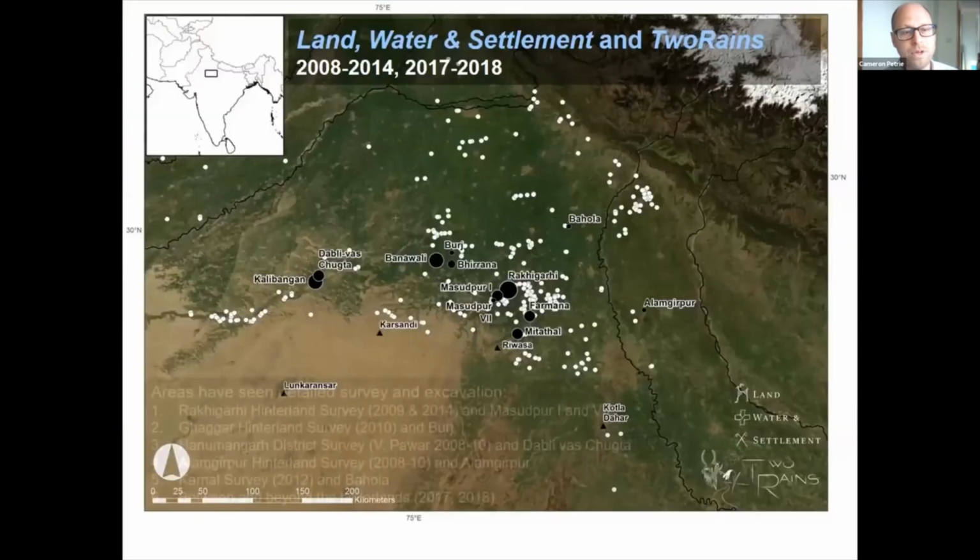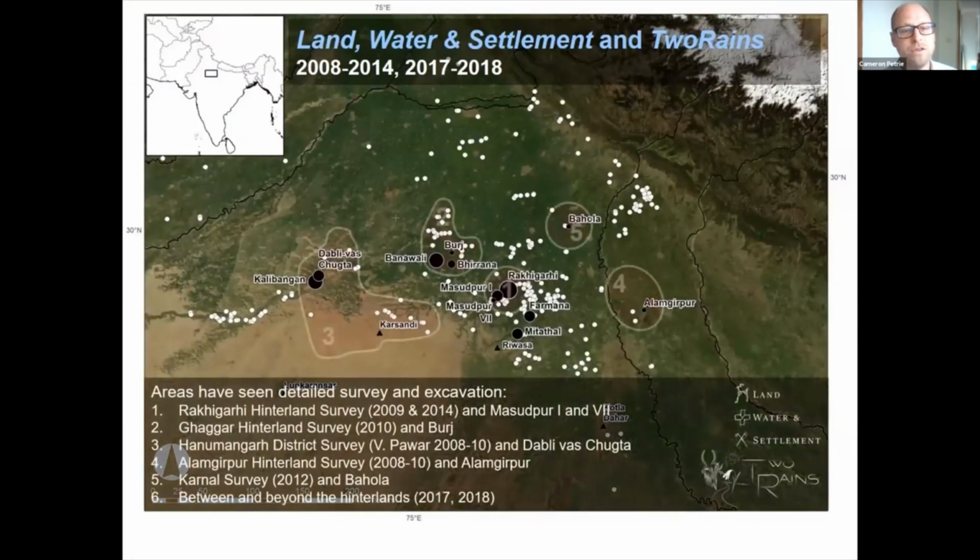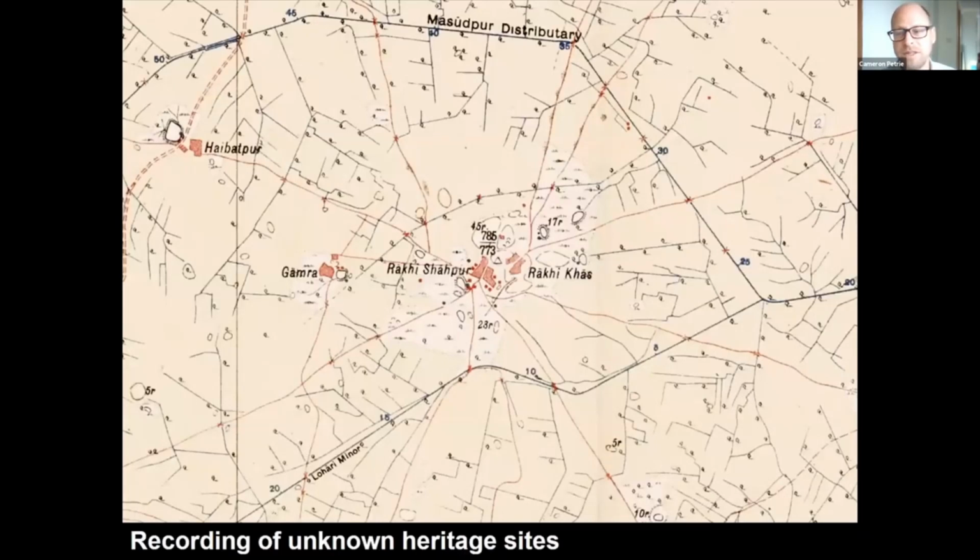So our work has been carried out over the past 13 or 14 years, conducting surveys in a variety of different areas. And we've tried to systematically explore the landscape as best we can. What's interesting to note is that there are several instances of very famous archaeological sites that were documented in the very early part of the 20th century, but not rediscovered, in inverted commas, by archaeologists until much later on.